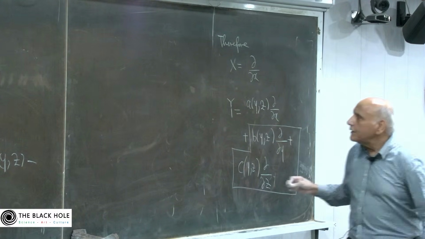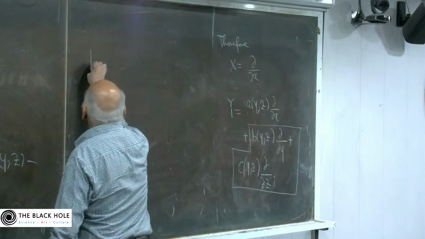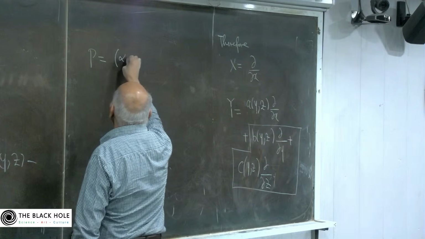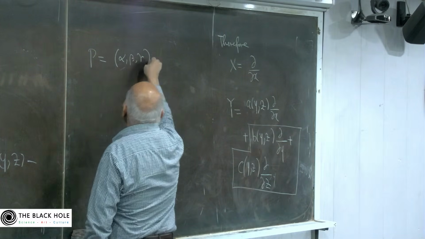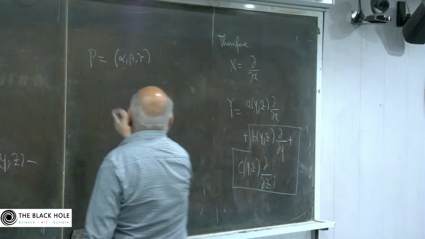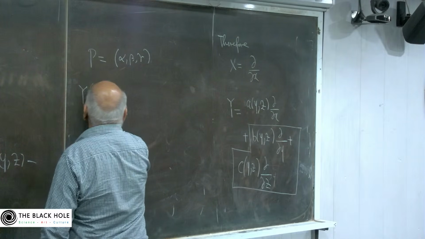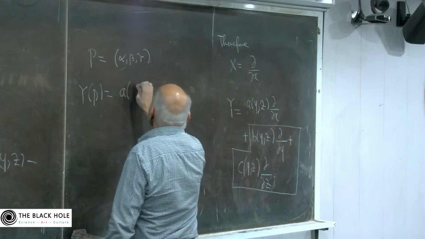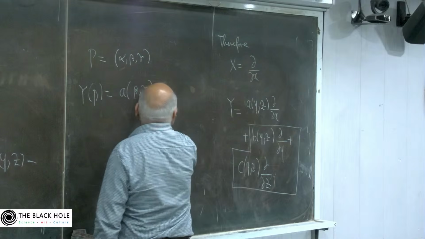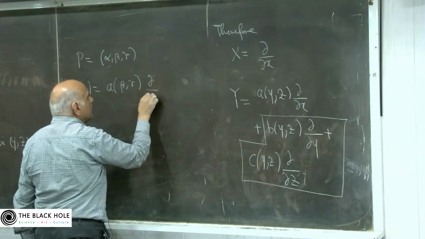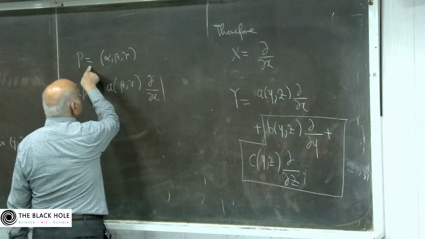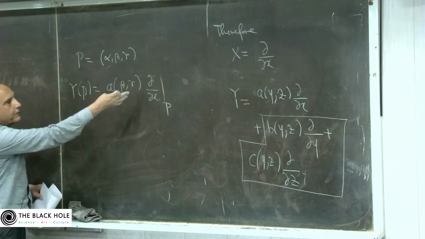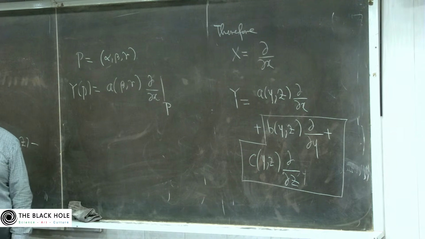Okay. So let's suppose that P has coordinates alpha, beta, gamma. So what is y at P? It is a at beta, gamma times partial by partial x at the point P, right? Is this not a multiple of partial by partial x?